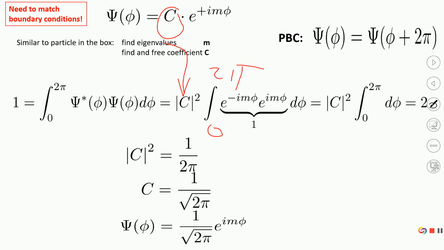And then we can solve for c squared. Such a value of the normalization constant should be taken that upon integration we get 1. So if we set the normalization constant as 1 over square root of 2 pi, then it will be a good normalized wave function.